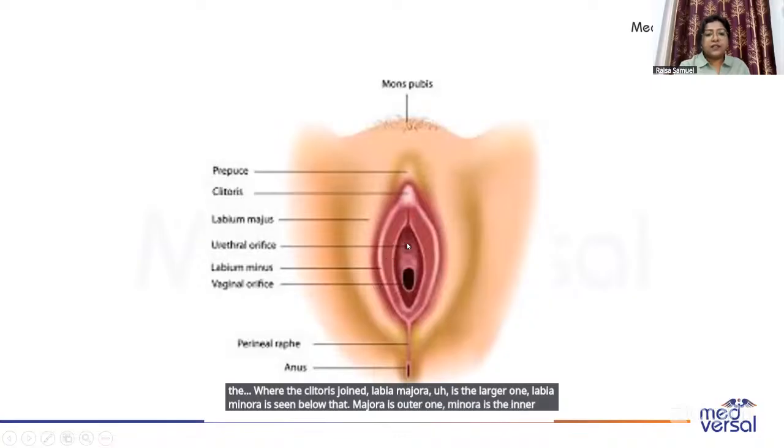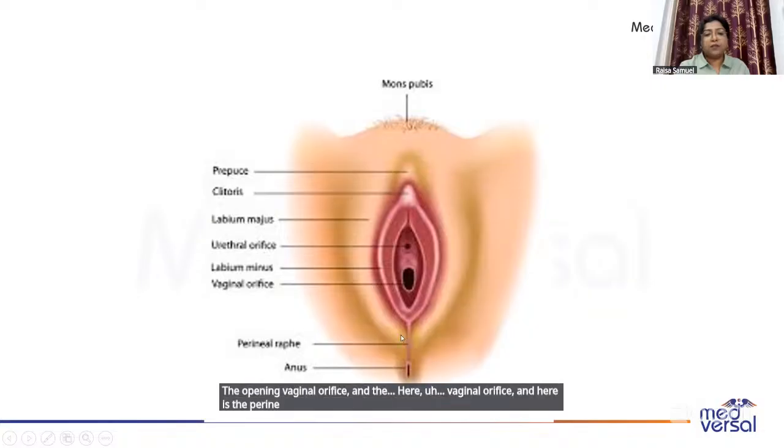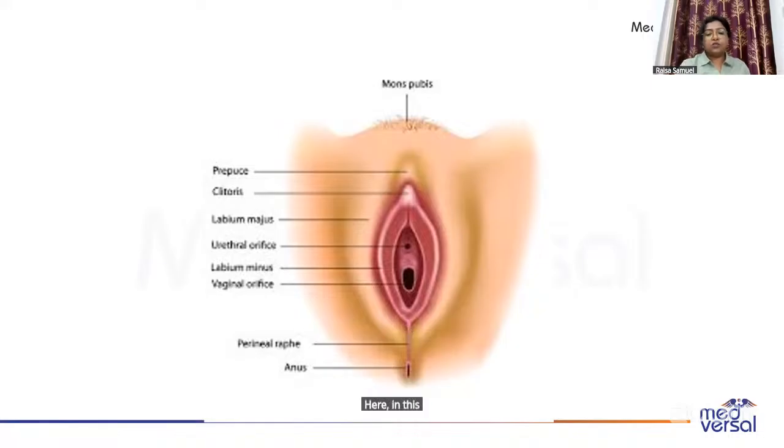Then you can see the vestibule, which contains the urethra, the vaginal orifice, and here is the perineal body. We'll come to this perineal body. Here in this vestibule, the Bartholin's and Skene's glands also open, their ducts open into the vestibule.